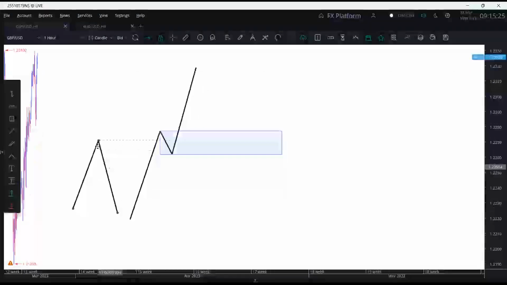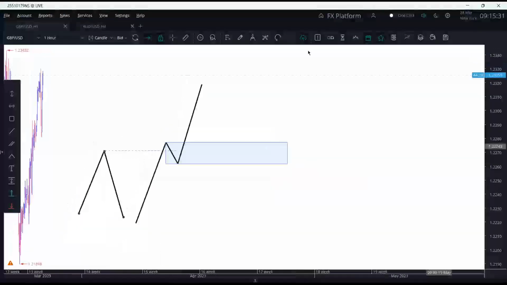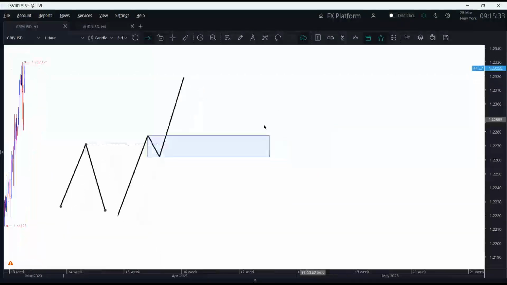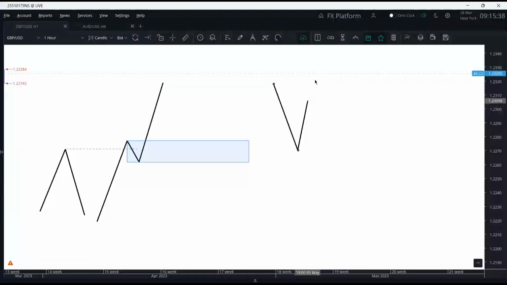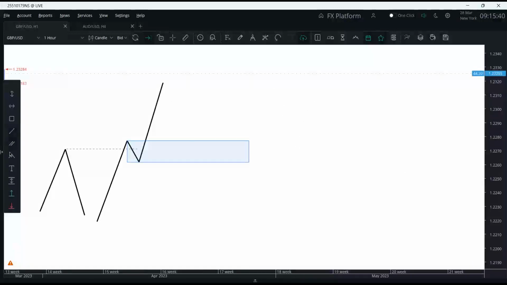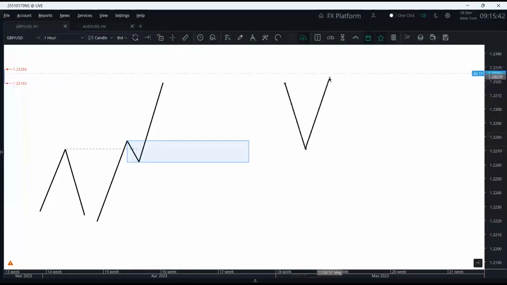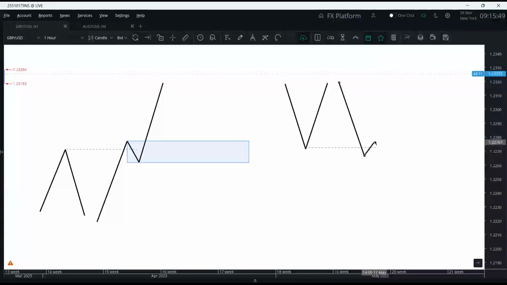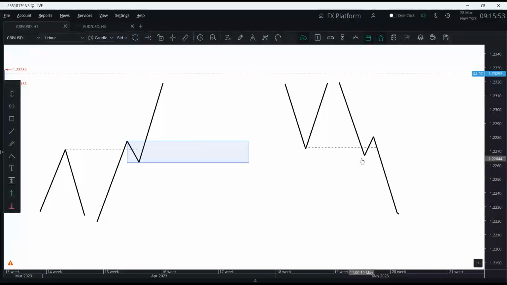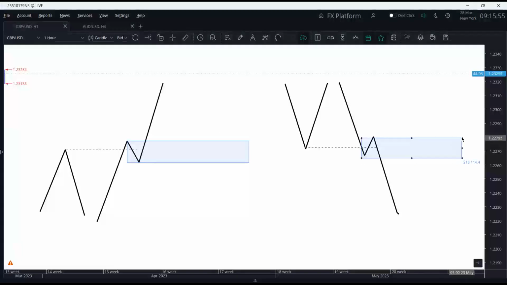Well, this area is a support or resistance, and let me draw the other side for you. Here we have a support, and price moves down and engulfs this support, has a retrace and continues moving down. Well, here we have a FTR.